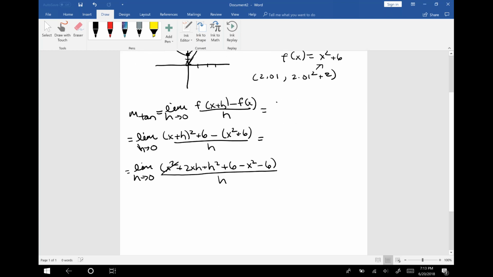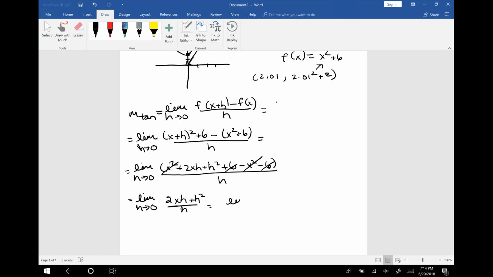We can cancel the x squareds, we can cancel the plus 6 and minus 6, and then we're left with the limit as h goes to 0 of 2xh plus h squared divided by h.